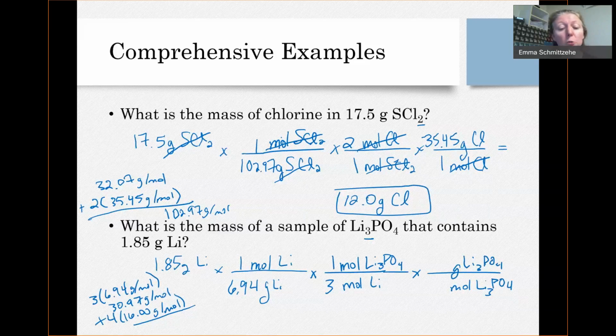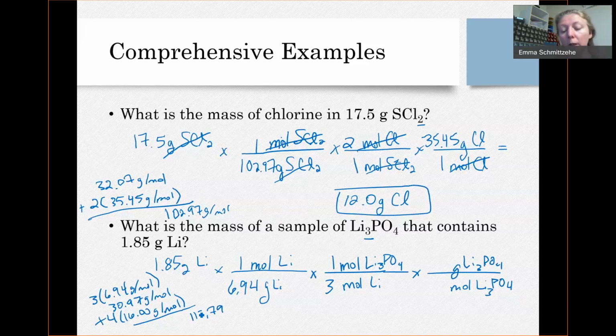And so that rounds to 16.00 if you're rounding to 2 decimals. Okay. So now we're going to take that and add that up. 3 times 6.94 plus 30.97 plus 4 times 16, and that gives me 115.79.